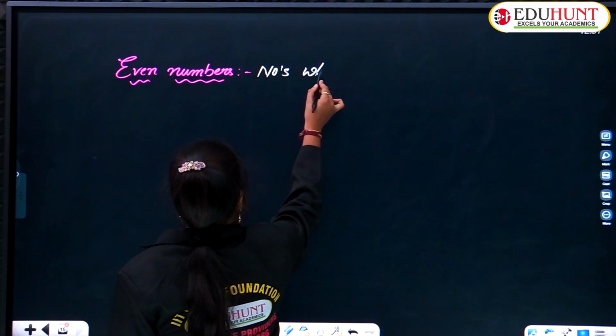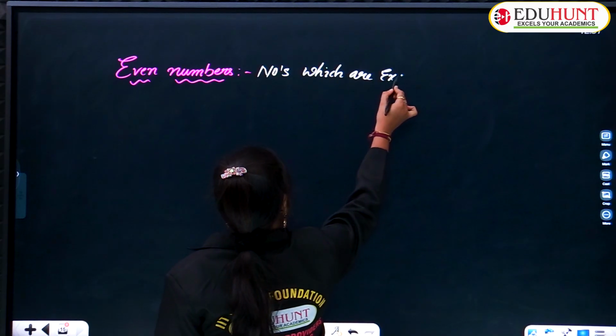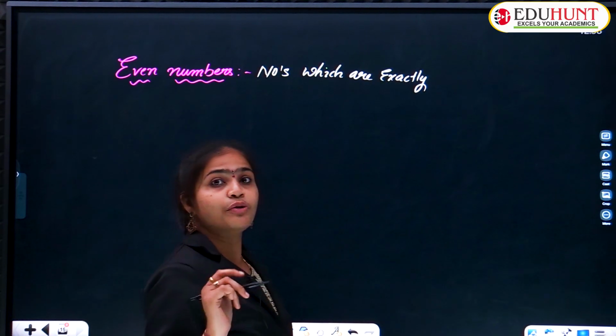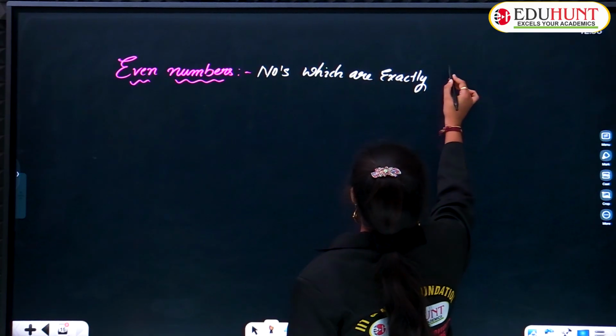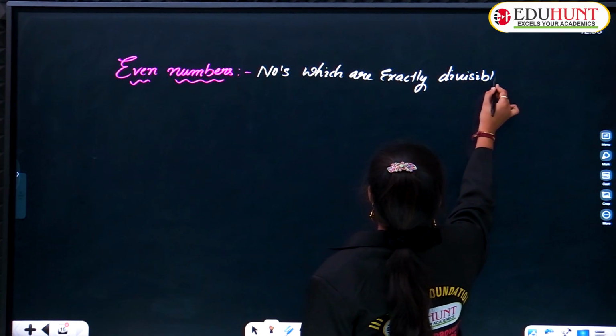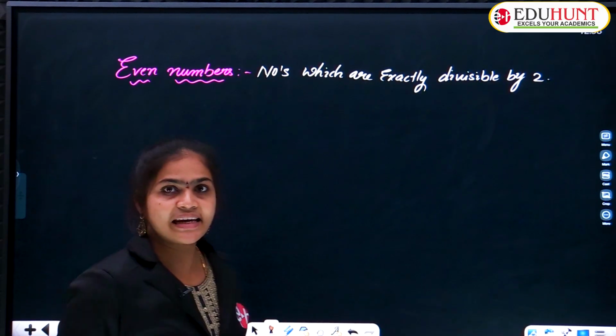Exactly divisible means without leaving a remainder. If a number is exactly divisible by 2, then we call it an even number.